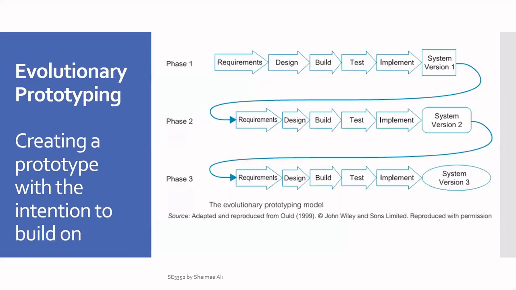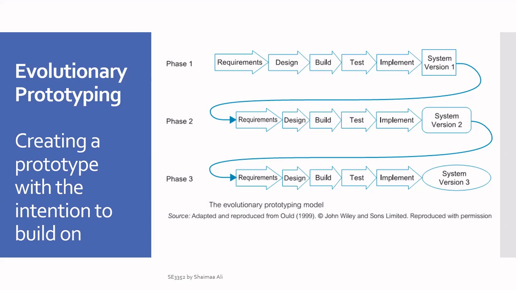But the prototype can also be done in an evolutionary way. So instead of doing it with the intention to throw it away, we're going to properly build part of the system, and we use that as a prototype, and we build on it incrementally as we go. So here the problem of having all the requirements set at the beginning is not there anymore.